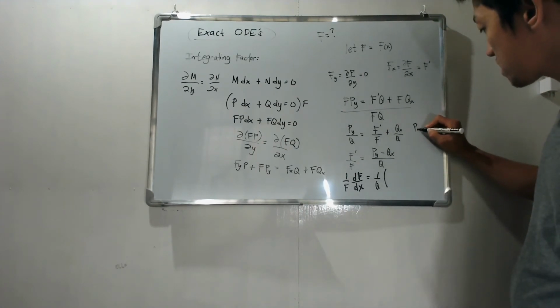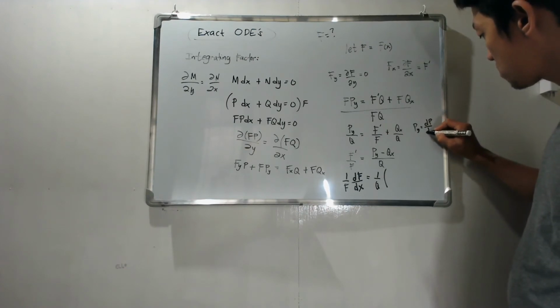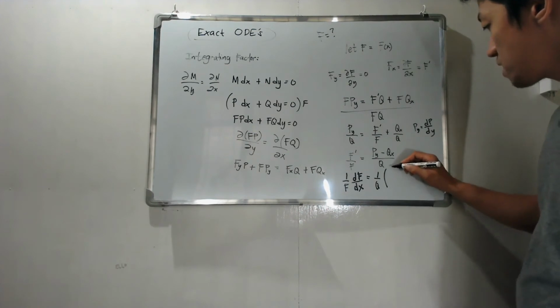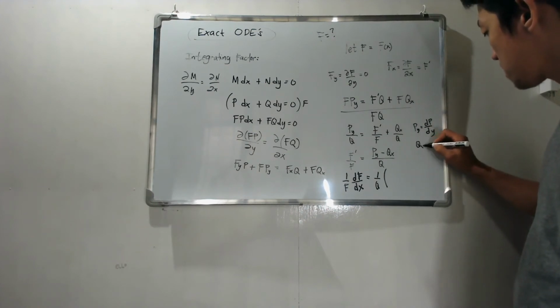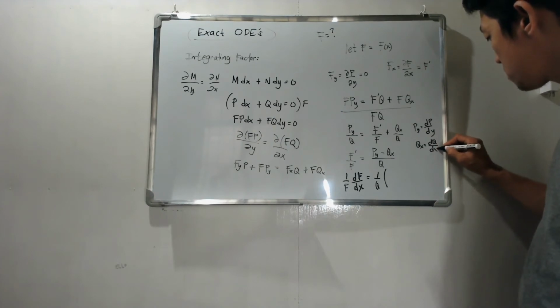P sub y is just the derivative of P with respect to y, and Q sub x is the derivative of Q with respect to x.